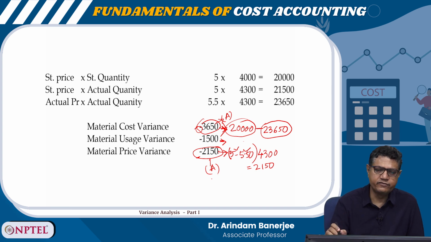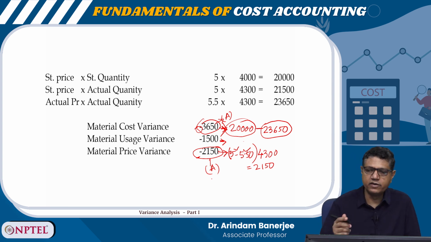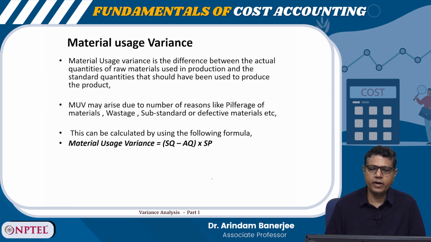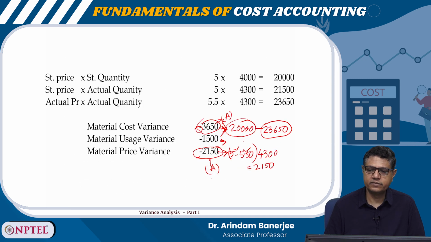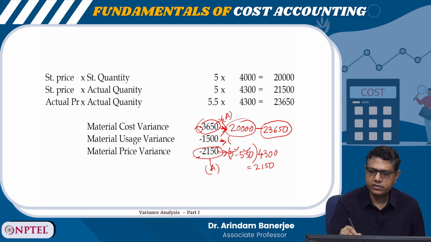And material usage variance happens because of difference in usage, right? What is the formula? Formula is this: SQ minus AQ into SP. So SQ, standard quantity 4000 minus actual quantity 4300, into 5.